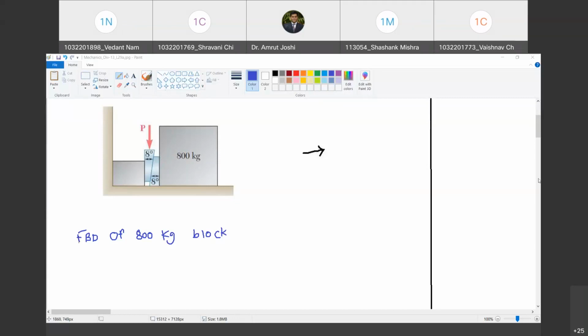Are you with me? Yes, sir. So I am going to draw free body diagram of 800 kg block when impending motion is towards right. Its impending motion is towards right. Happy? Yes, sir. It is on verge of motion, but the motion has not yet started. But it is about to start.